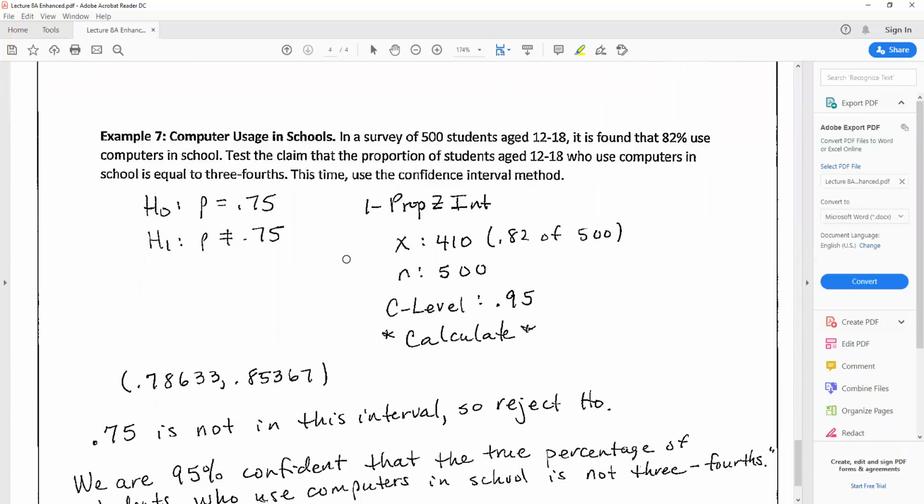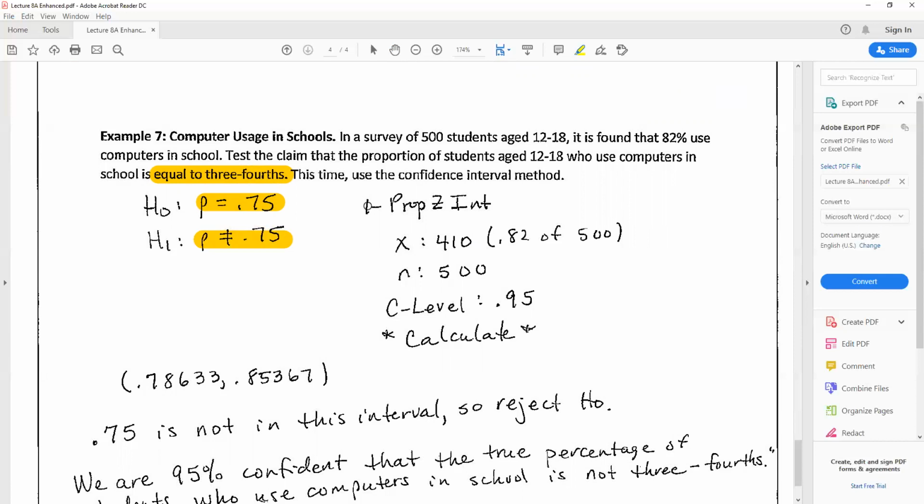Example 7, computer usage in schools. In a survey of 500 students aged 12 through 18, it is found that 82% use computers in school. Test the claim that the proportion of students aged 12 through 18 who use computers in school is equal to 3/4. Well, remember that the null always takes the equal sign. And again, since they did not specify more or less, we will just have to do an alternative claim that is not equal to.